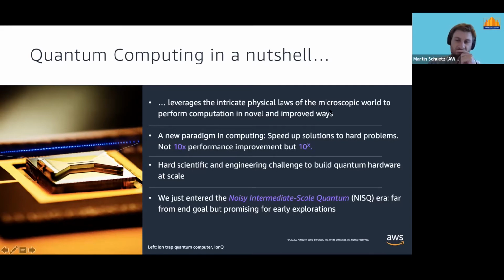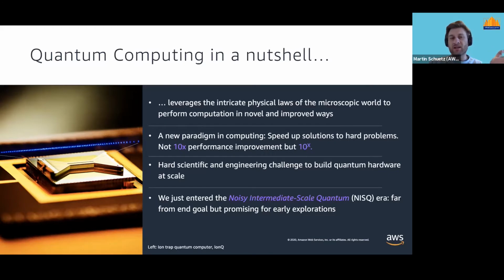Now, these physical laws, as dictated by quantum mechanics, may seem bizarre and strange to us because we don't live in the microscopic world, we live in the macroscopic world, but these have been tested again and again over the last few decades on single photons, single electrons, single atoms, thereby increasing more and more our confidence in this theory.